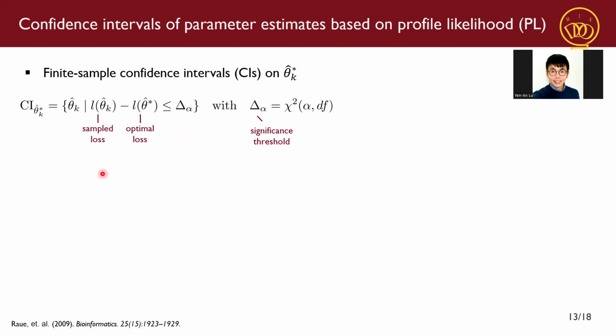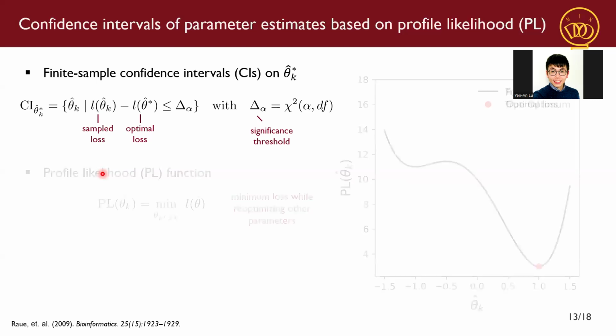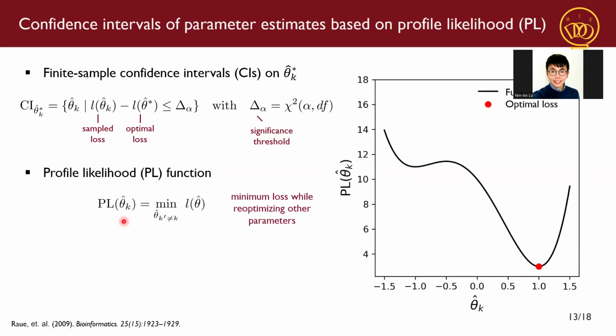Well, one issue is how do you get the sample loss? One common way to do it is to use the so-called profile likelihood function. The idea is quite simple: you stay on the dimension that you're interested in, the specific parameter, fixing it at different parameter values, then you optimize the other parameters to see what's the minimum loss you can get.